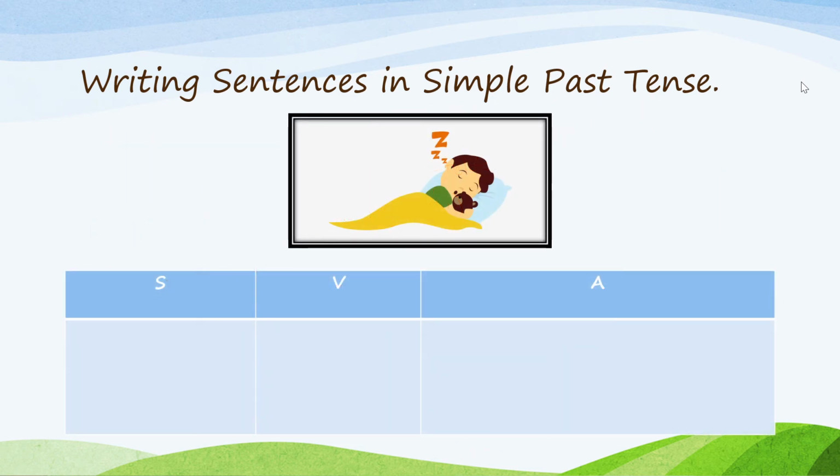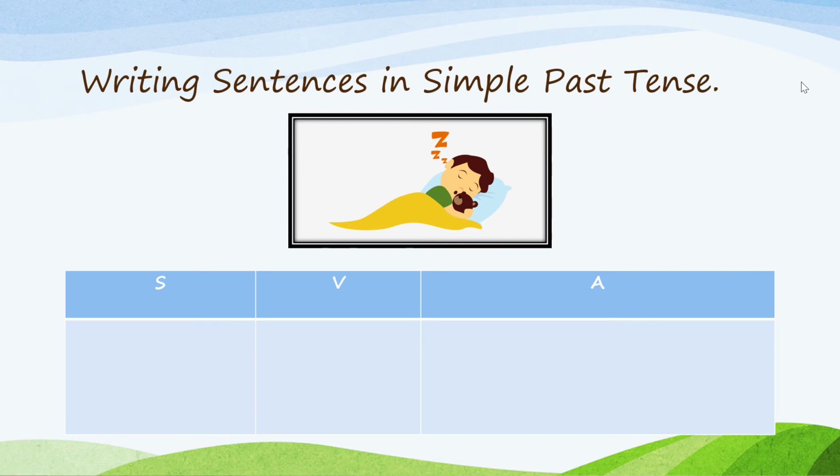This is the first example for us to discuss. How do we write a sentence using simple past tense? Now, let's look at the picture. The boy sleep. Okay? There is a boy and he cuddled with a teddy bear. He hugged a teddy bear while sleeping.